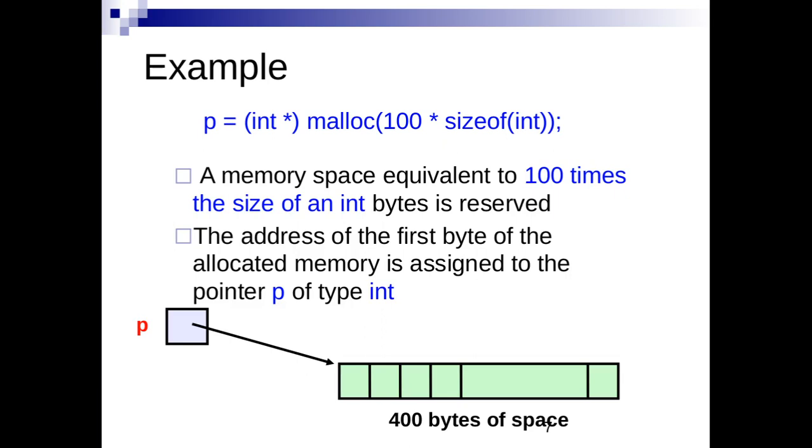The argument of malloc here is 100 times sizeof(int). The sizeof operator returns the number of bytes that int occupies on your machine. It gets multiplied by 100, and that is the actual number of bytes you will need to store 100 integers. Those many bytes are allocated, and malloc returns a void pointer to the first of those bytes, which after a suitable typecast is assigned to p.